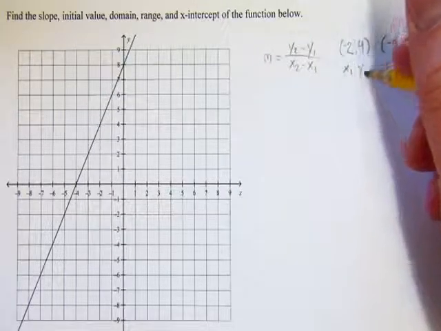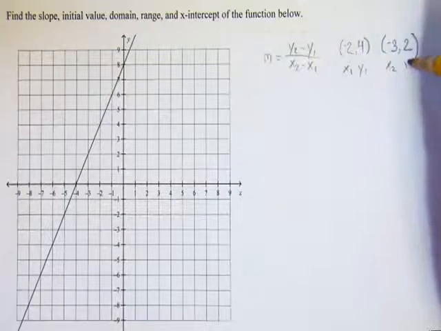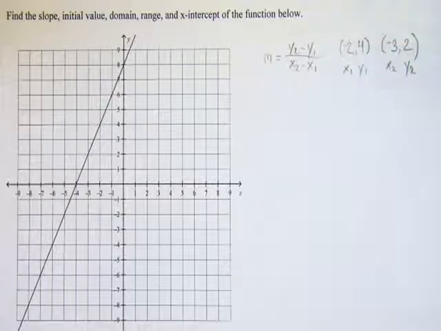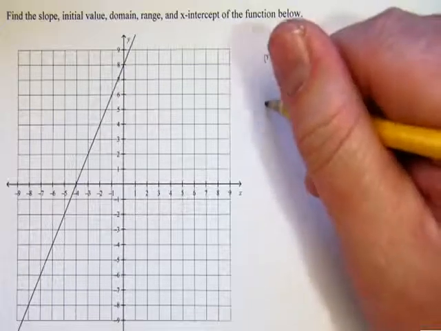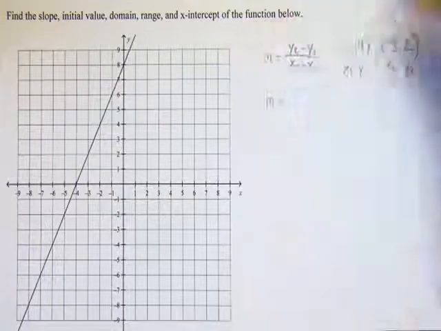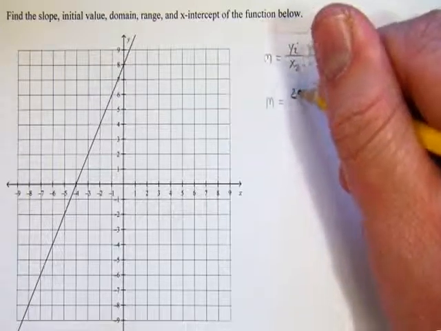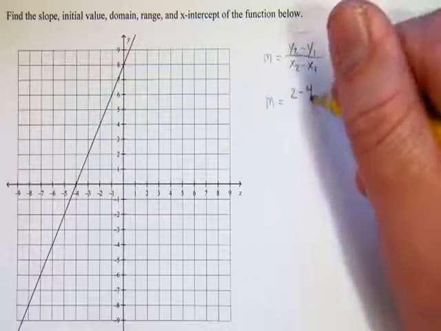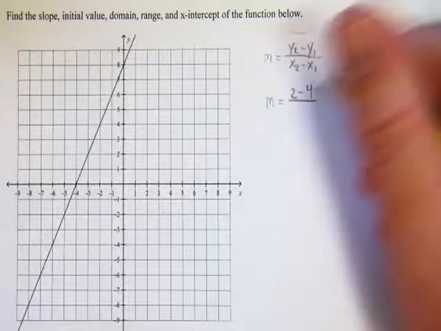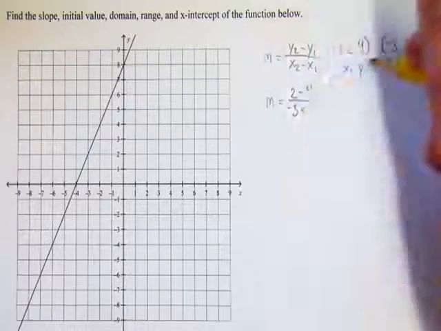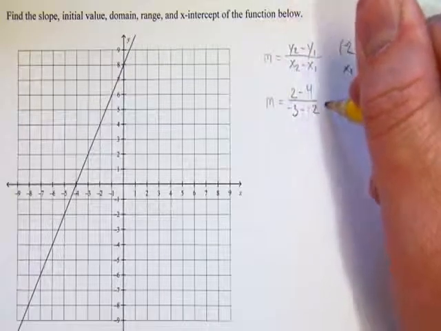I know this is x1, y1, x2, y2, and I just substitute these values into my formula, and that's going to allow me to find the slope. So I say 2 minus 4 over -3 minus -2.